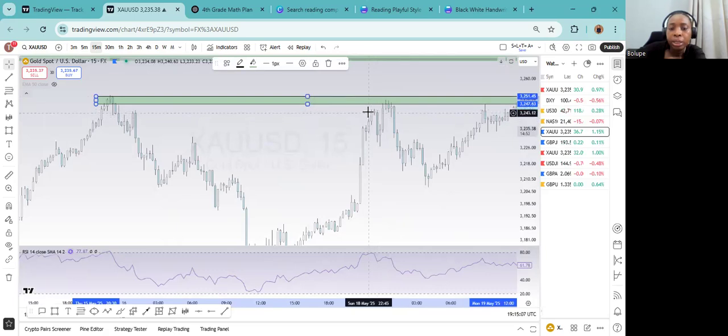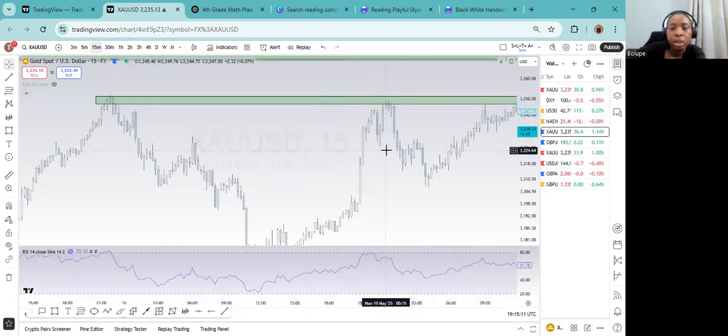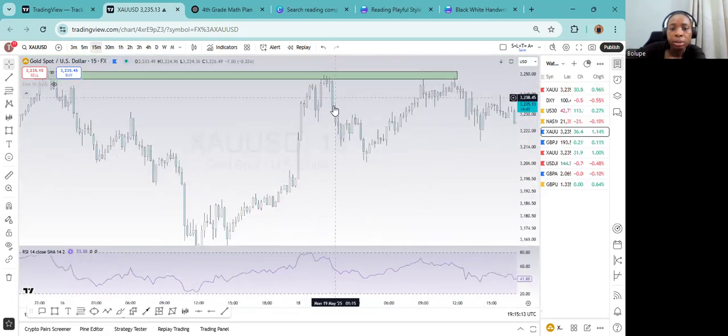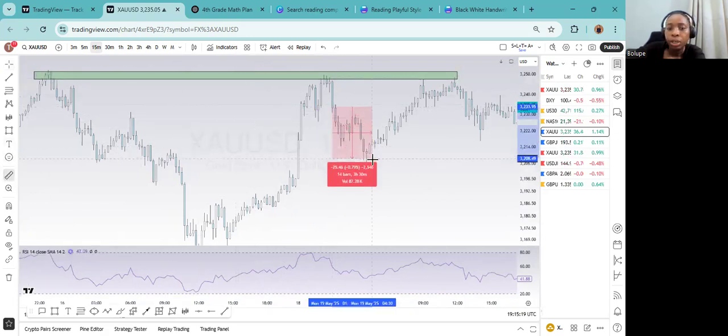By the time price got here, we had divergence, and this push down. Even if one had gotten in right there, that's 270 pips.